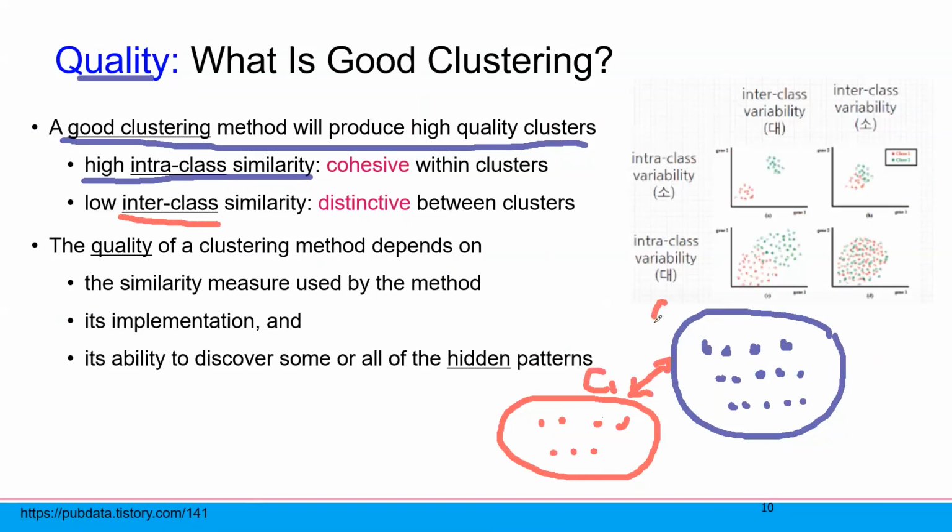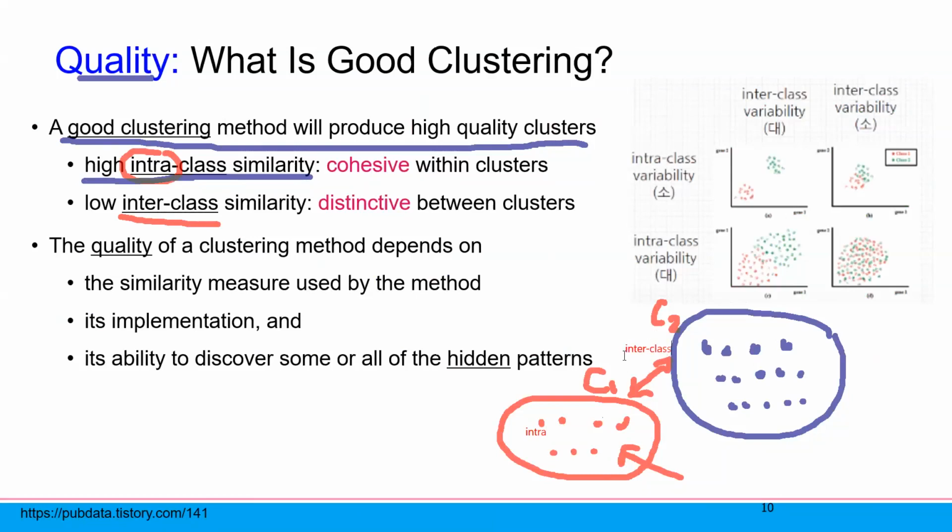This is the class 2. So the interclass means between different class. If it is intra-class, it means it is in the class. So I can say this is the intra-class, and if it is in between, we call this inter-class.